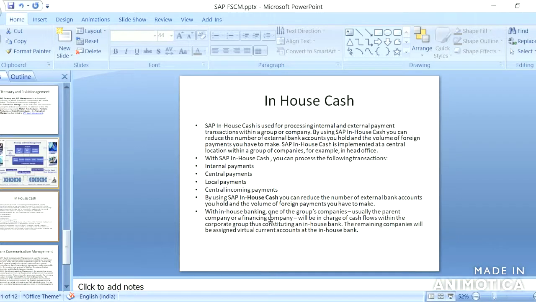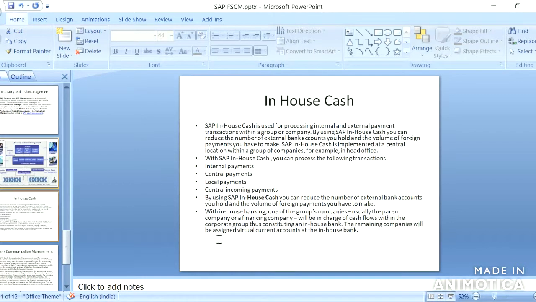With in-house banking, one of the group companies, usually the parent company or a financing company, will be in charge of cash flows. Even in a company we have many branches, and only the parent company will take care of all the payments, constituting an in-house bank.